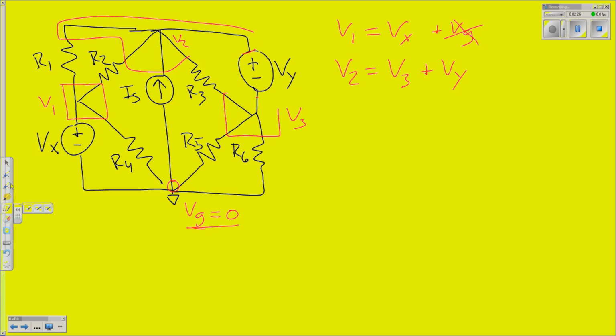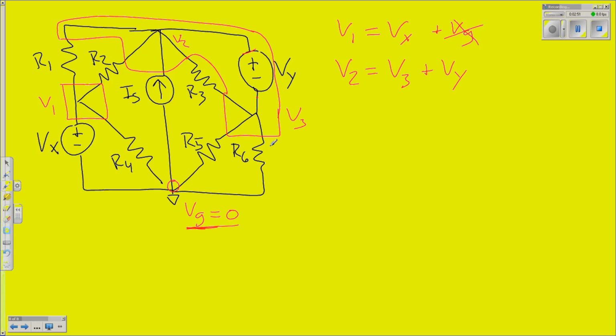I'm just going to draw a bigger circle. One thing to note here, resistor R3 does not get included in that. And we'll see why later and how that affects our supernode. So we've got 2 equations, technically 3 if we count VG equals 0. So let's do our supernode to get our 4th equation and finally solve this.